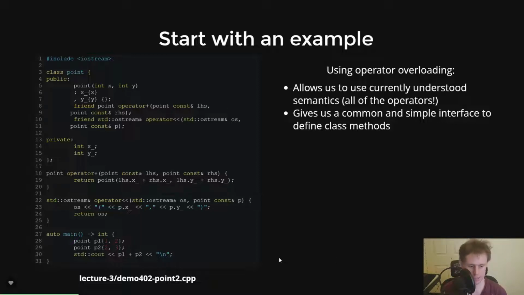And last question for now, Sam says, could you explain why we need to return OS for the operator less than? Is it just for standard cout purposes? So that's an excellent question. What this entire lecture is about is looking at a handful of the key operators and the specific patterns you have to follow. Because one funny thing about operator overloading is it's very boilerplate. This is a really easy topic, but it's a very specific topic in terms of the language expecting you to follow certain rules, right? Like for an addition, you want to pass in two const things.